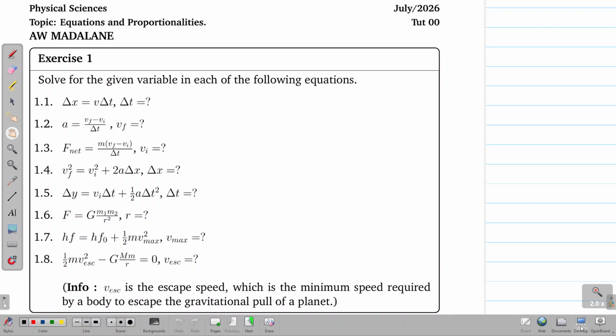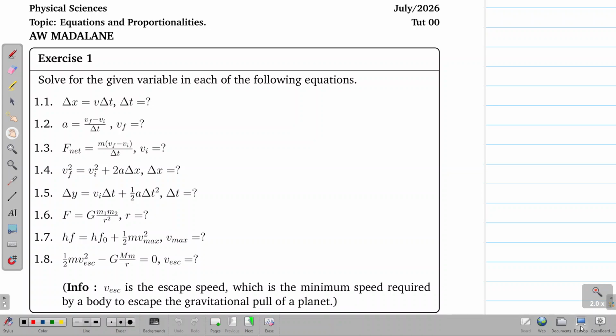And 1.3, F net is m times v final minus v initial over delta t, and then you solve for v initial, and so on and so forth. So please pause the video and attempt these problems by yourself, and then when you are done, you can come back and view my solutions.